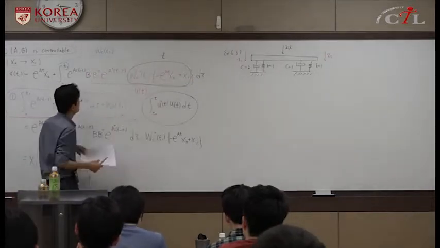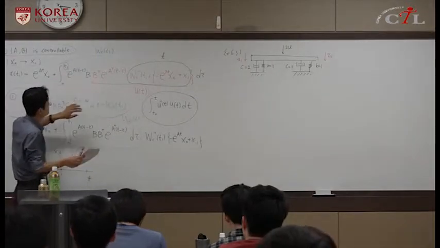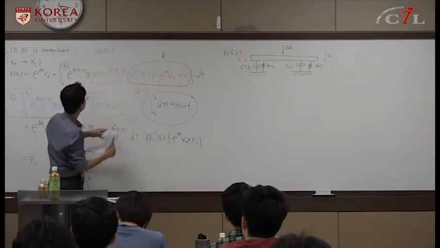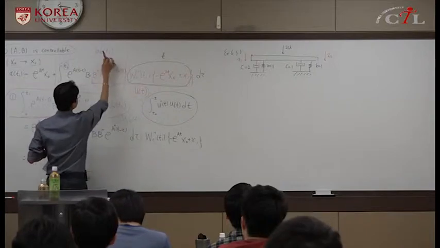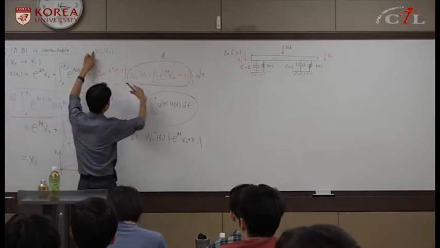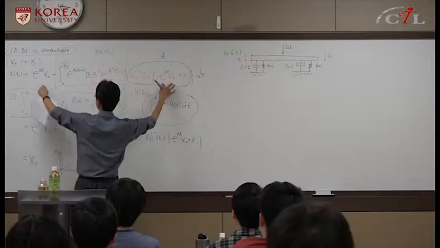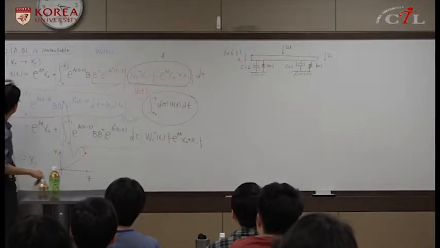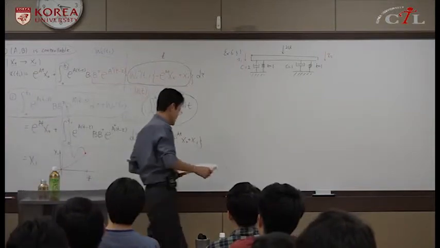Initially, u(t) is not written like this, but we designed u(t) in a way that eliminates those things. If I design u(t) up to this point, then it's Wc(t1), the same as this. And I eliminate Wc with Wc inverse, and I eliminate the initial condition, and I add x1. Then finally, x(t1) goes to x1. You can easily check it.